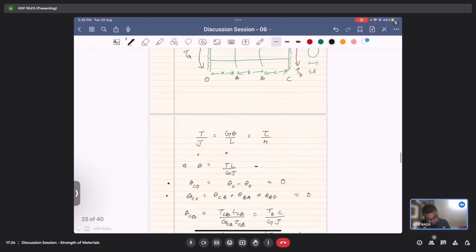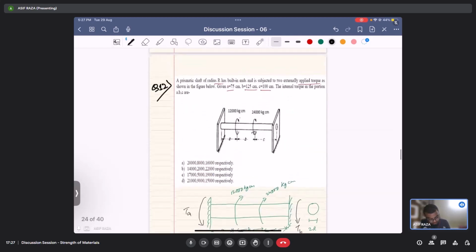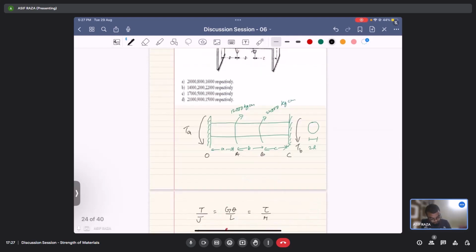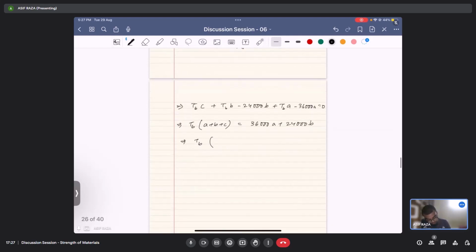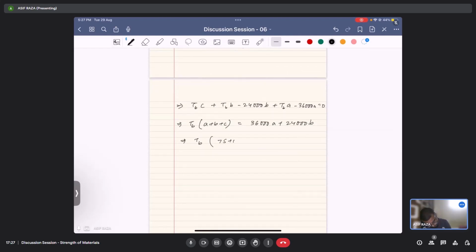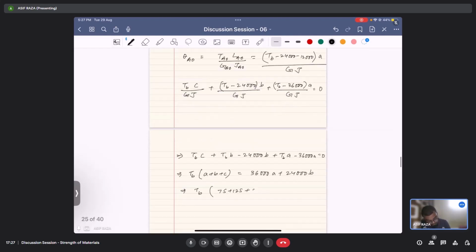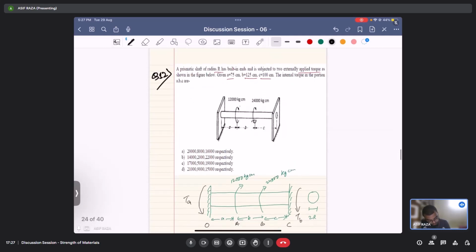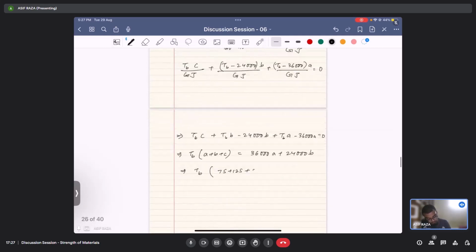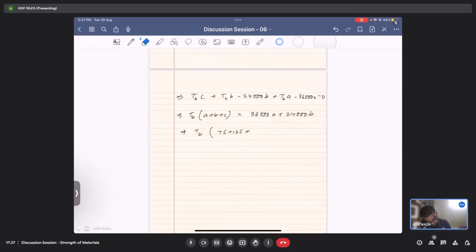Let's substitute the values A, B, C. A is 75, B is 125 and C is 100. And remember, these are in centimeter. So 36,000 into 75 plus 24,000 into 125.